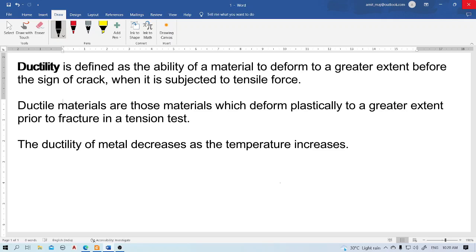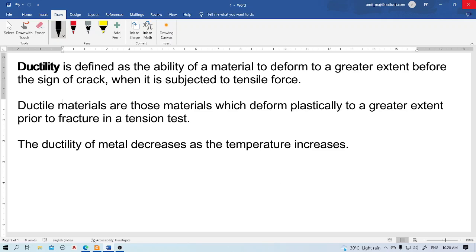Ductile materials are those materials which deform plastically to a greater extent prior to fracture in a tension test. मतलब एक टेंशन टेस्ट जो यूनिवर्सल टेस्टिंग मशीन में हम लोग करते हैं लैब में, तो उस टेंशन टेस्ट में जो जितना डिफॉर्म हो सके बिफोर फ्रैक्चर, उसको हम ज़्यादा डक्टाइल बोलेंगे.